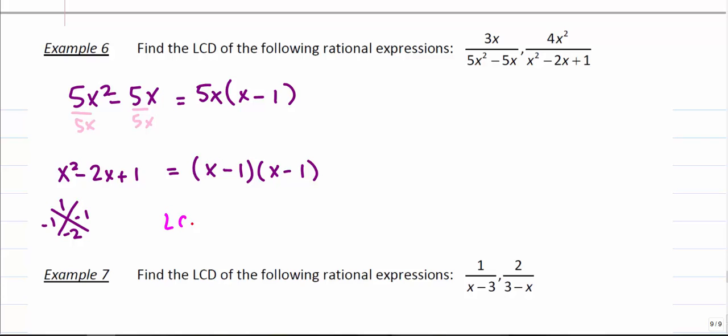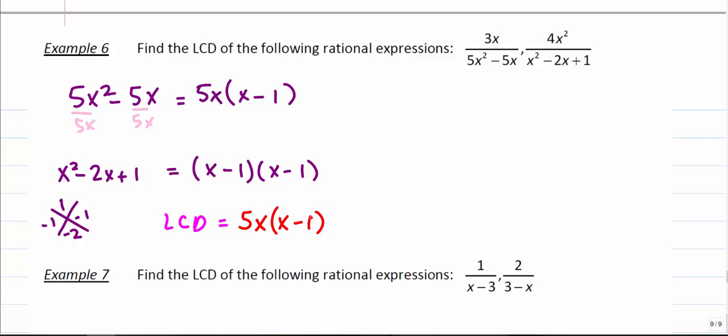So now my LCD equals, well, 5 is a unique factor, and the greatest number of times I see it is once. X is a unique factor. The greatest number of times I see it is once. X minus 1 is a unique factor, and the greatest number of times I see it is twice.